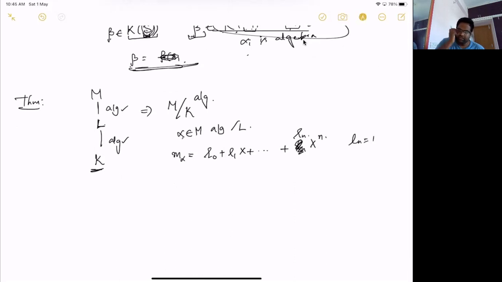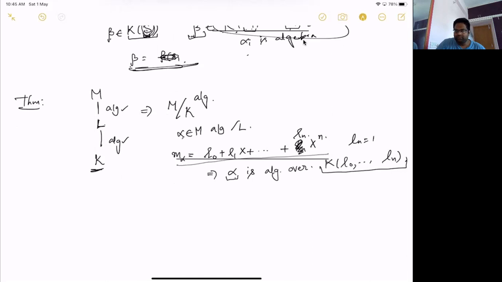Then this implies alpha is algebraic over K(L0, ..., Ln), because alpha satisfies a polynomial with coefficients in this field, and we have exhibited one particular polynomial.